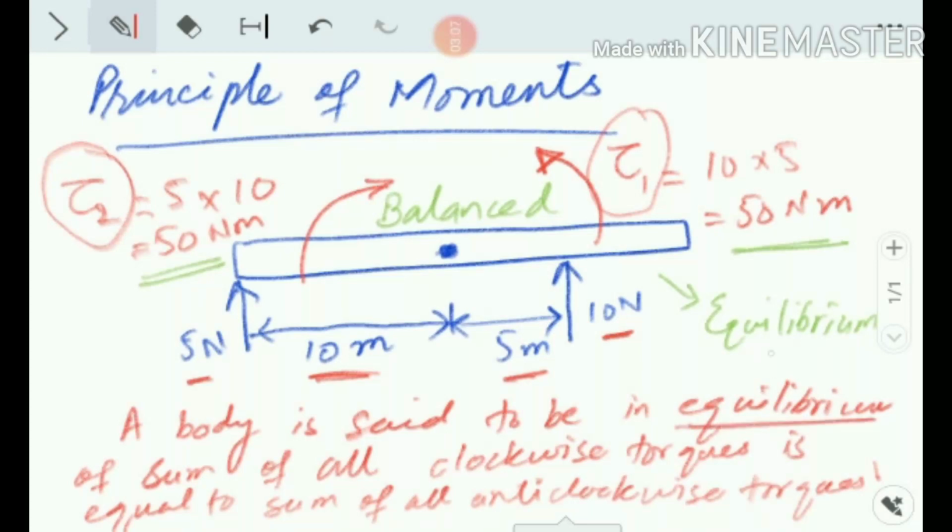And so we can say that the body is balanced.